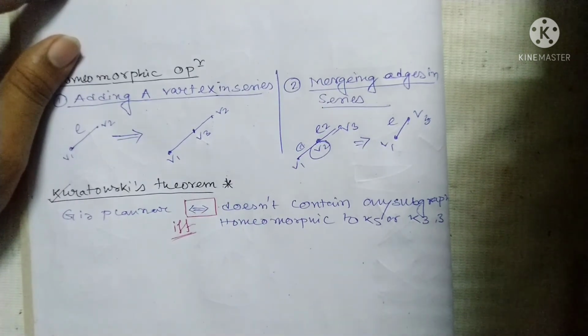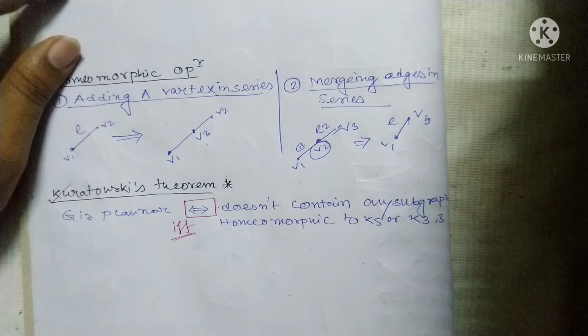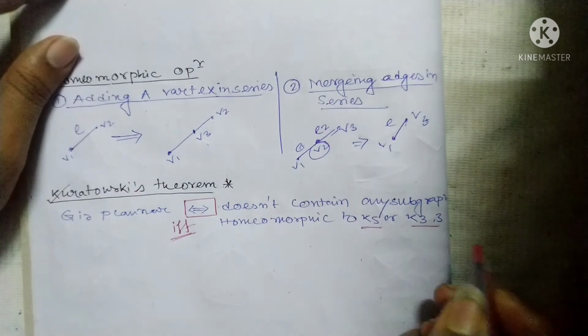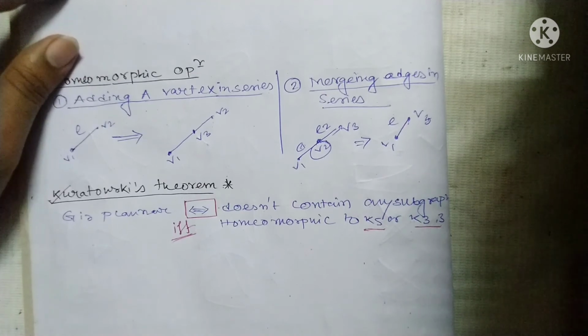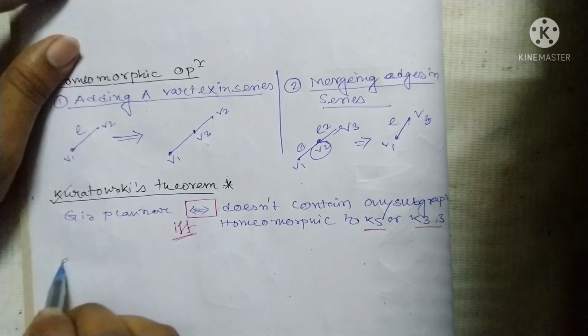Detection of a planar graph is very difficult for computer algorithms, but the theorem says that if it contains any subgraph homeomorphic to K5 or K3,3, we can directly say the graph is not planar. Let's see some examples.